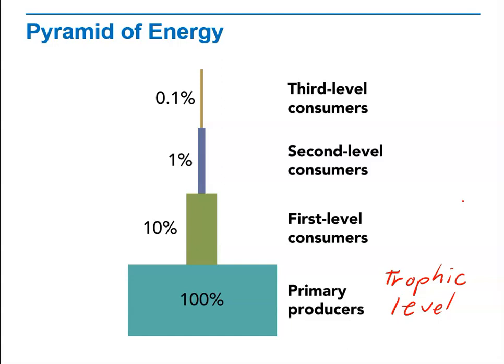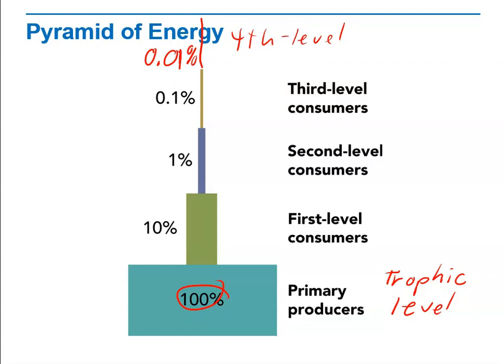Do the math. It's pretty simple math. You see that the amount of energy is being reduced by 90% each time. So if there were fourth level consumers, they would only have 0.01% of the energy that was originally available to the primary producers.